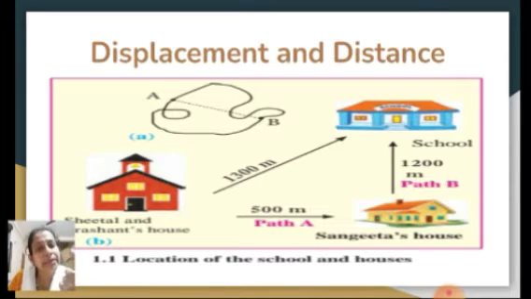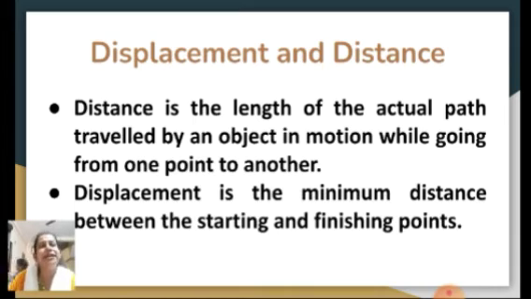One is distance and second is displacement. Now let us see the definitions of these two. Distance is the length of the actual path travelled by an object in motion while going from one point to another. So Sheetal has covered the actual path travelled, whereas Prashant has taken a minimum distance, that means only the displacement.